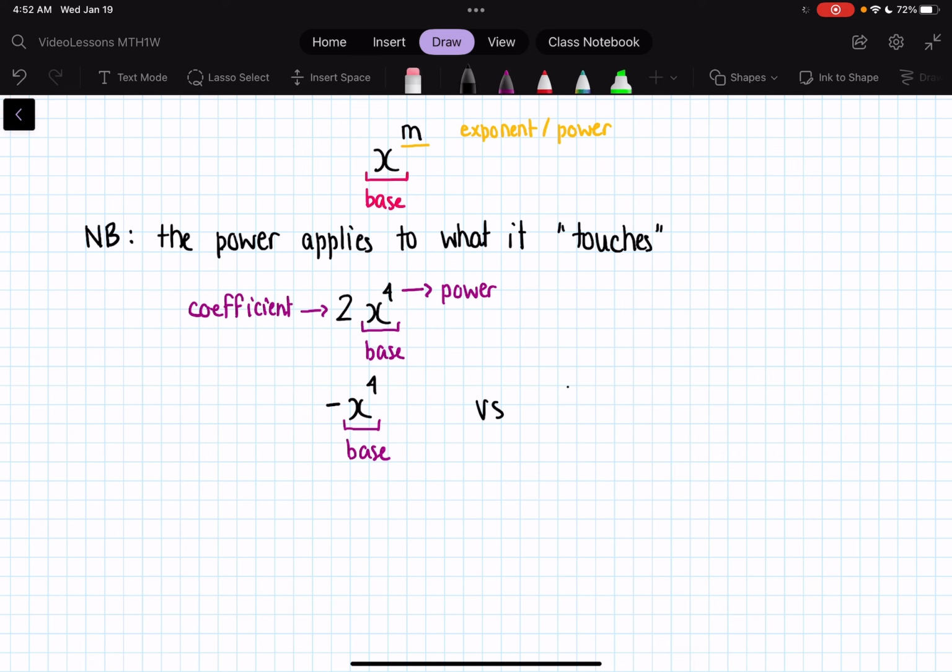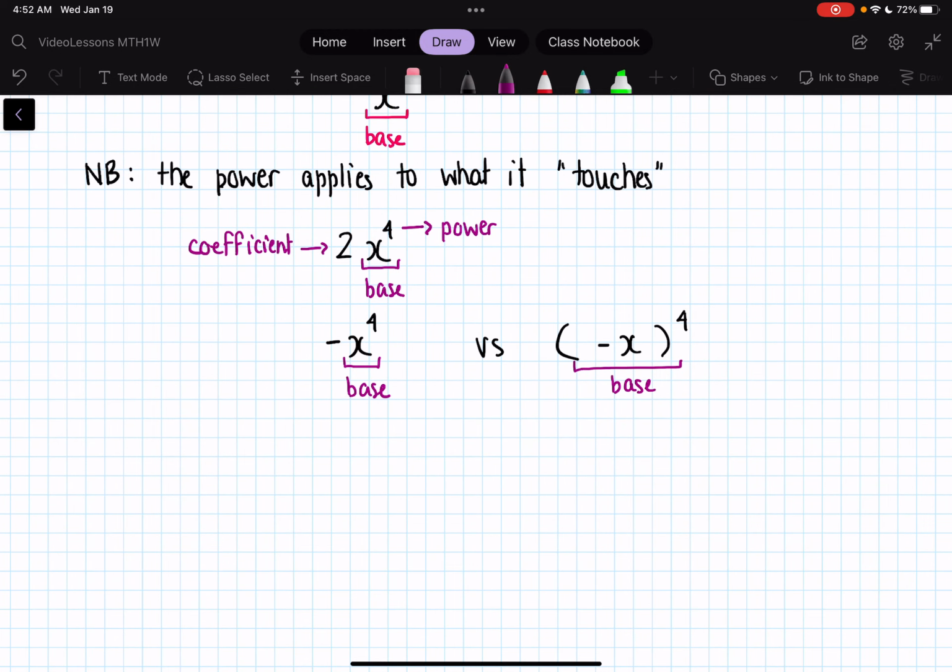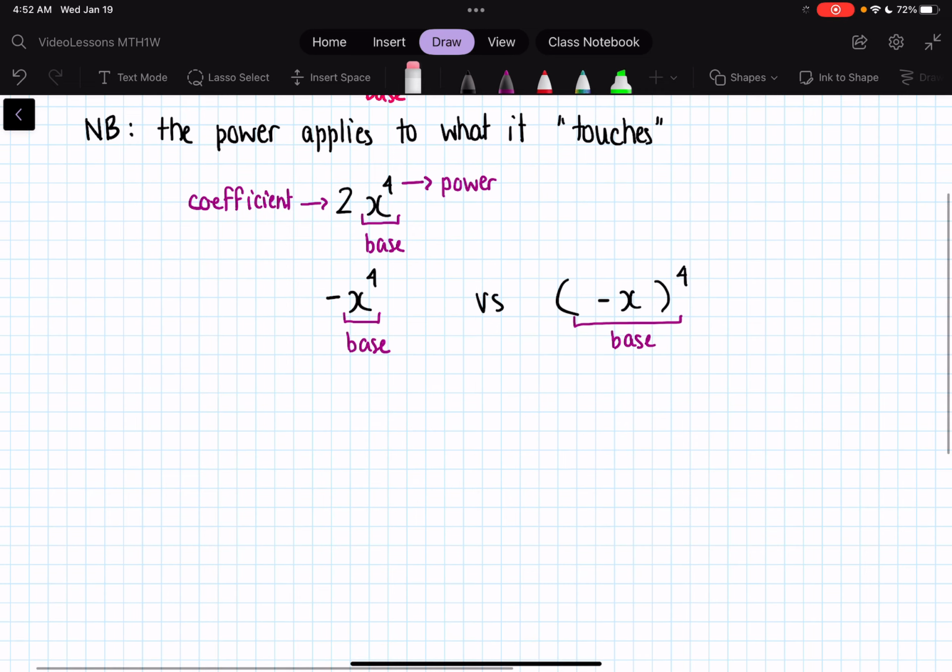Compared to, versus, if I gave it to you like this. Now the entire thing, including that negative, is part of my base. And that's what the brackets do. They encapsulate that negative x so that that would be the base, okay? So that's important to remember. In the first part over here, that negative is not affected by the power. Whereas in the second part, where I've got the brackets, then the negative is affected by the power.